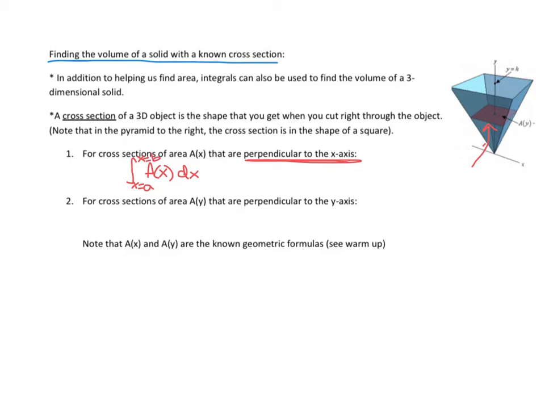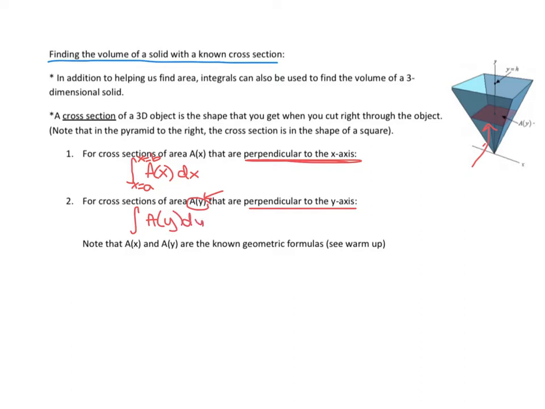If you have cross sections that are perpendicular to the y-axis, these, by the way, sometimes they're not going to give you the equation in terms of y, and you're going to have to write it. You'll notice we do have A of y there. You are going to be finding the integral of the area with respect to y.